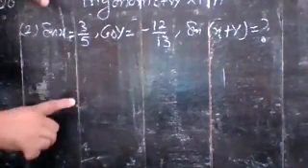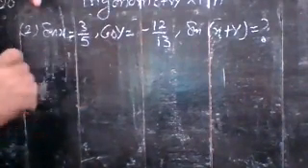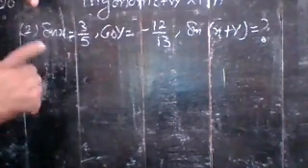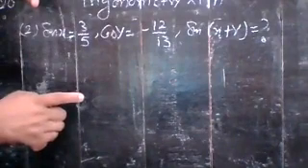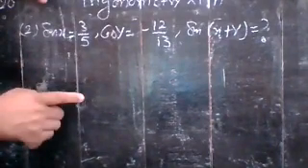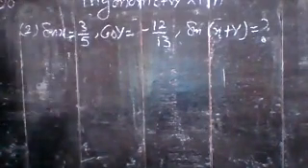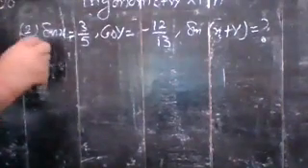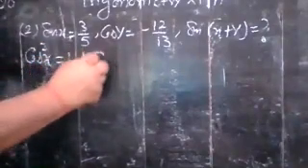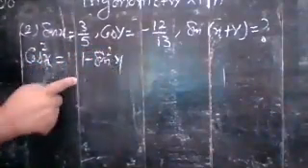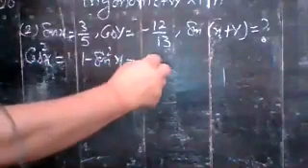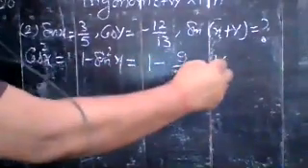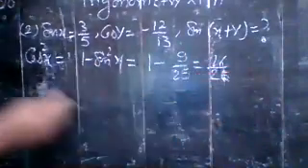But here it is given that x and y both lie in the second quadrant, and in the second quadrant only sine and cosec are positive and the rest are all negative. So just see, find the value of cos x. Cos square x can be written as 1 minus sine square x. Putting its value, that is 1 minus 9 upon 25, so 16 upon 25.